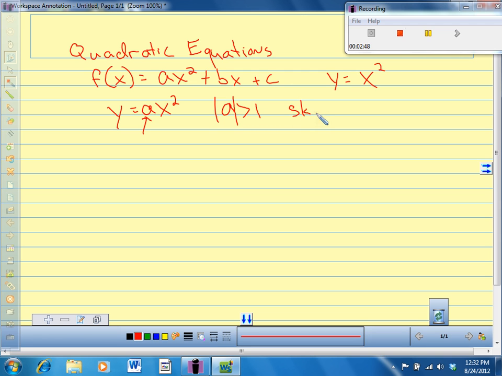Did you know that? You knew that, didn't you? And if the absolute value of a is less than 1, okay, then it gets wide.